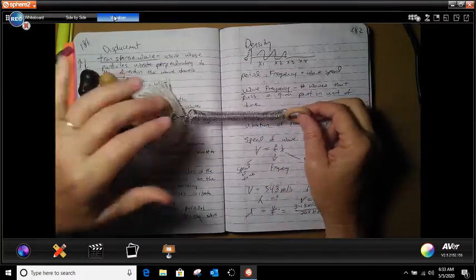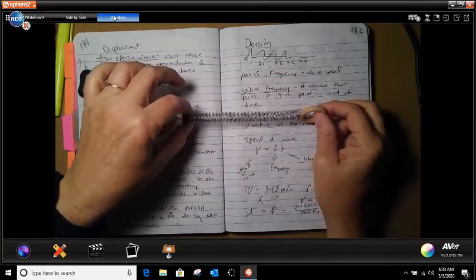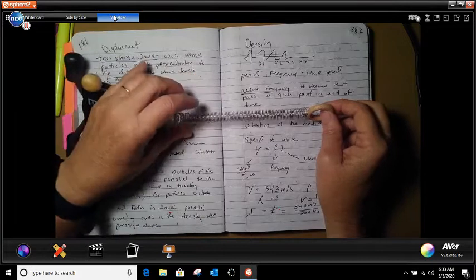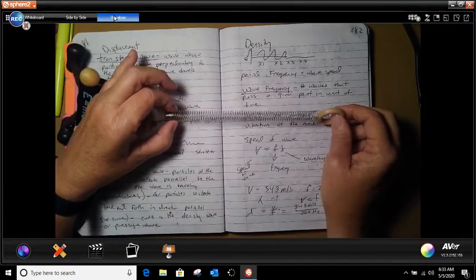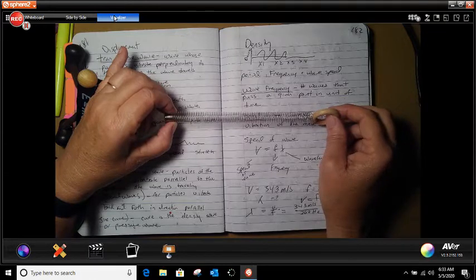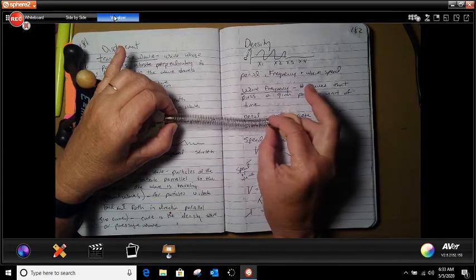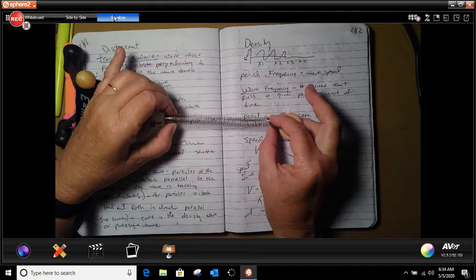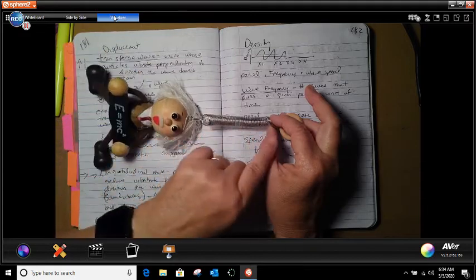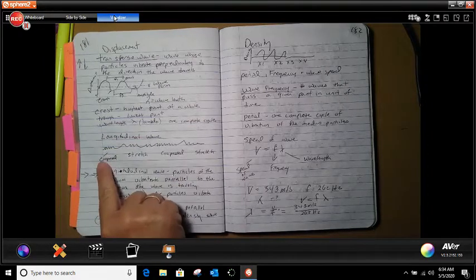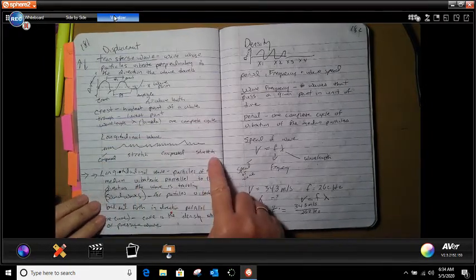Now, when I'm moving this through, if I pulse it and you look very closely, you will see that there are waves that are close together. Do you see right here where my finger is? There are waves that are far apart, and then waves that are close together again. So if I let go of this, the wave is going to travel through here, and that's what it's talking about: how that wave is graphed, where you have compressed, stretch, compressed, and stretch.